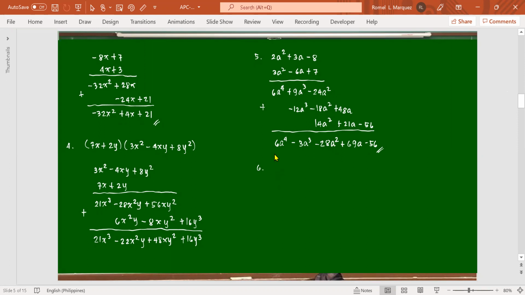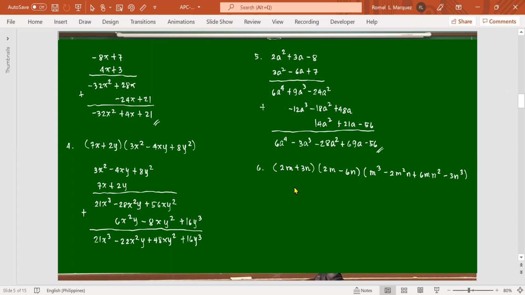I think we can proceed to division before special product. 2m plus 3n multiplied by 2m minus 6n, times m cubed minus 2m squared n plus 6mn squared minus 3n cubed. Okay, guys? Let's see.